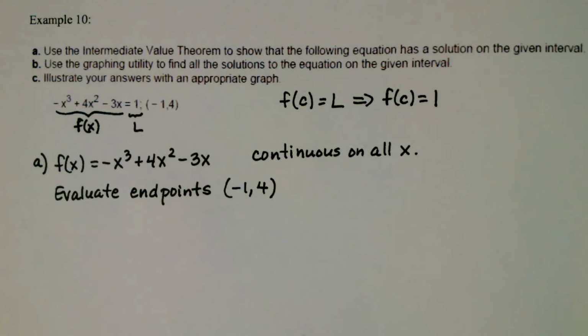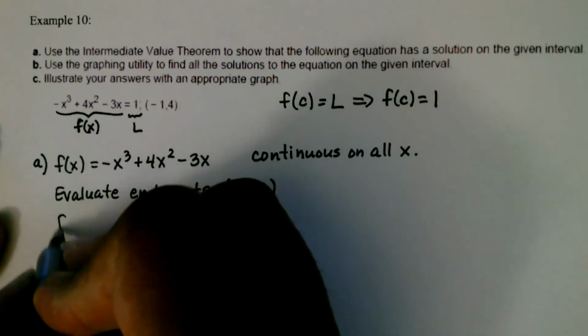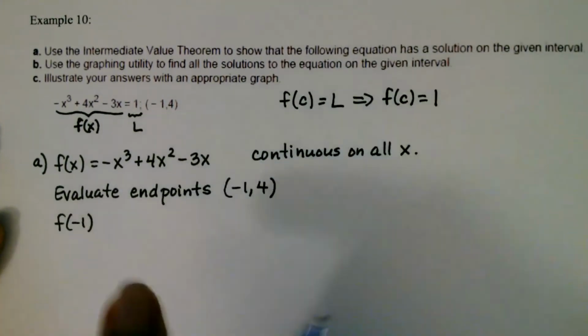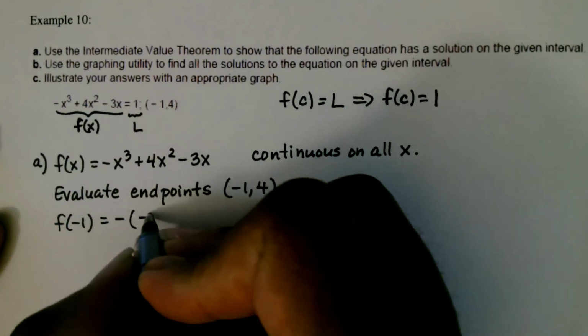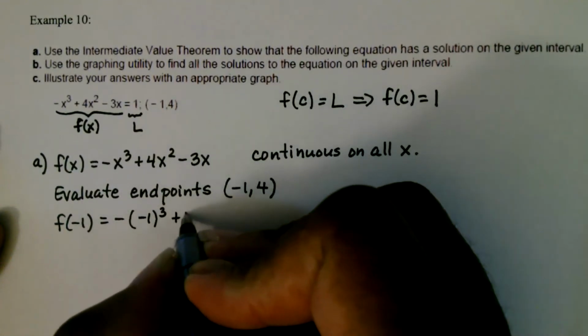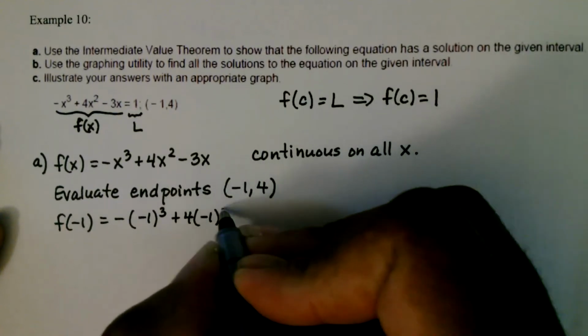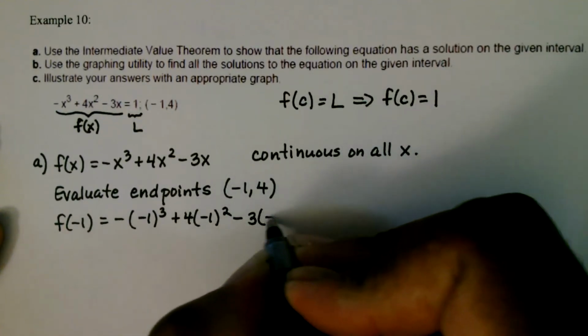Evaluate those endpoints from -1 to 4. So I'll evaluate f of -1 by substituting each x with -1. So this will be negative of -1 cubed plus 4 times -1 squared minus 3 times -1.